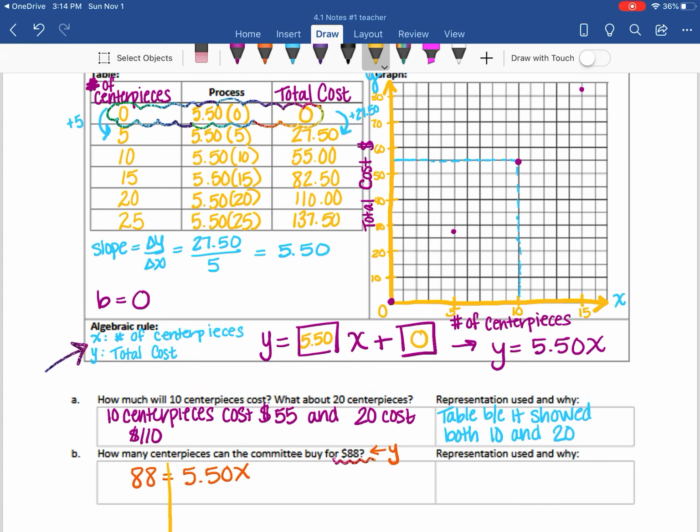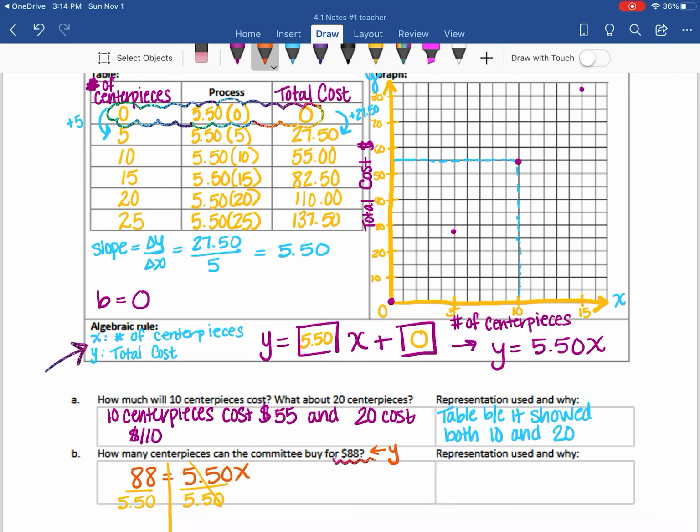So I'm going to get x all by itself, and that operation between 5.50 and x is multiplication. So how do I undo multiplication? I divide. So if I divide both sides by 5.50, that's gone.